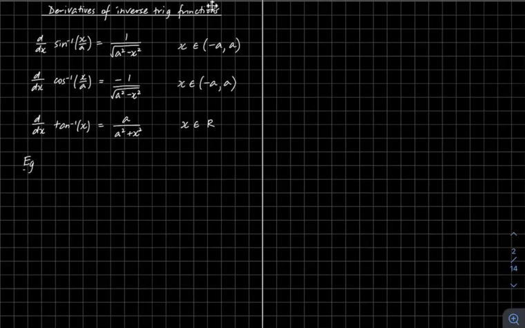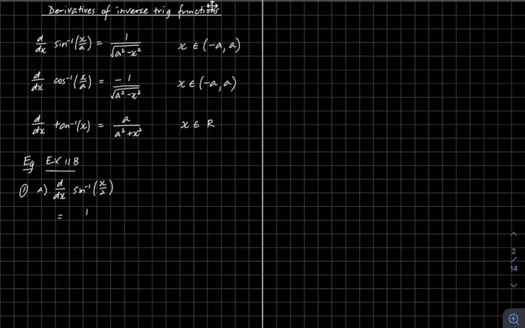So let's go to the exercise that we're going to be working here in 11b, and in this case we're trying to find the derivative of these particular functions. So let's start with something nice and easy. We've got the derivative d dx of inverse sine of x over 2, and so for that one we can see that our a value is clearly 2, and so we can just substitute straight in.